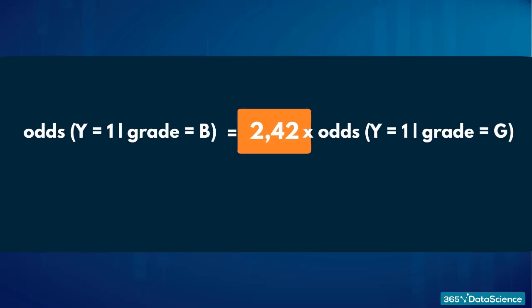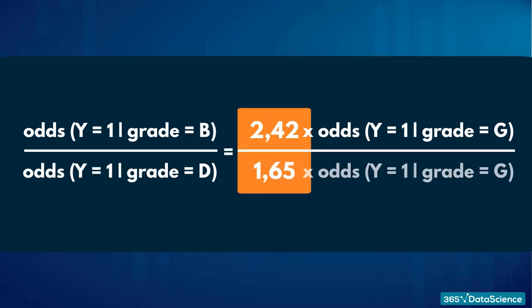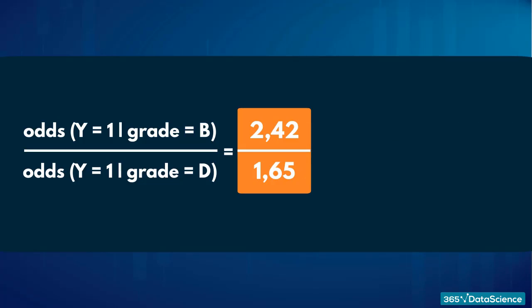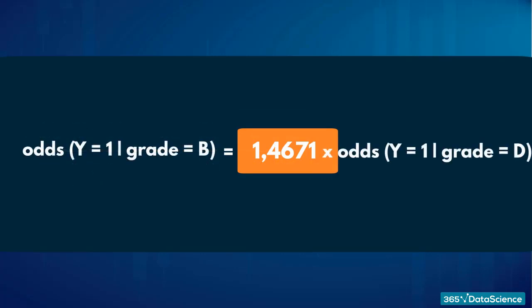We know that the odds of someone with B to be good are 2.42 times the odds of someone with G to be good. We are also aware that the odds of someone with D to be good are 1.65 times the odds of someone with G to be good. Therefore, the odds of someone with B to be good are 2.42 divided by 1.65 times greater than the odds of someone with D to be good, or about 1.4671. At the same time, we don't really need another point of comparison for the two categories.